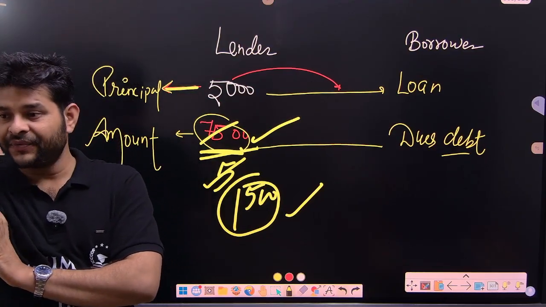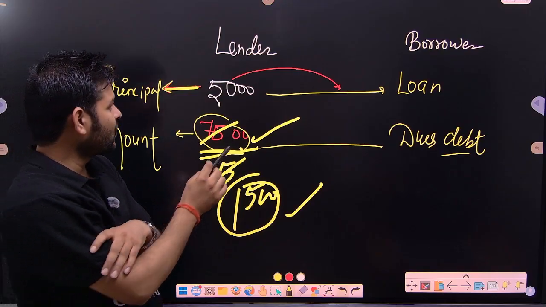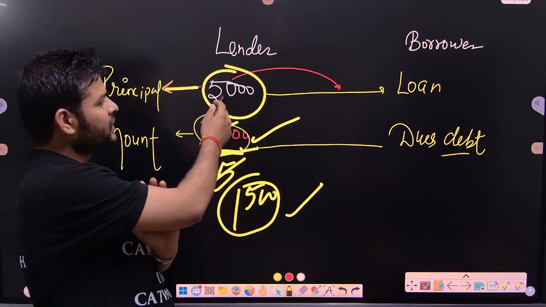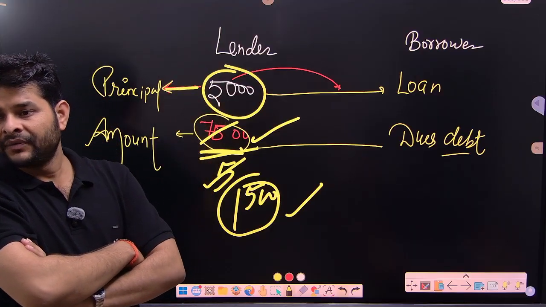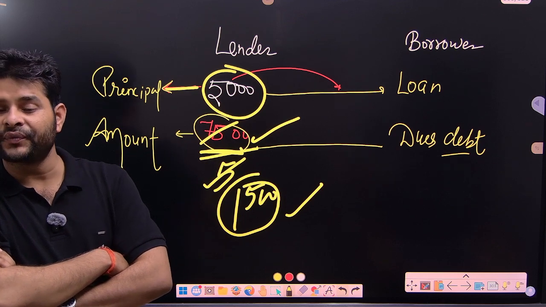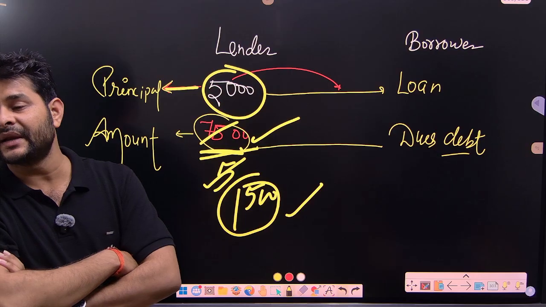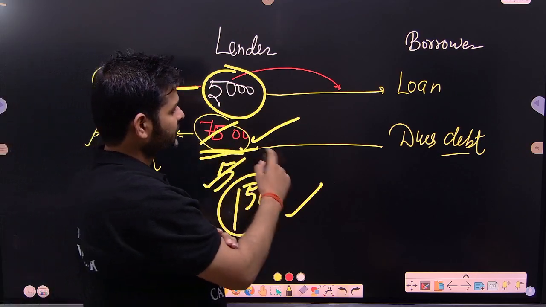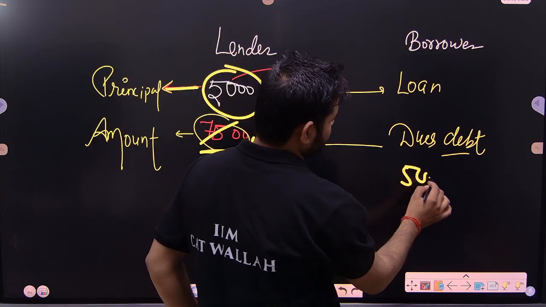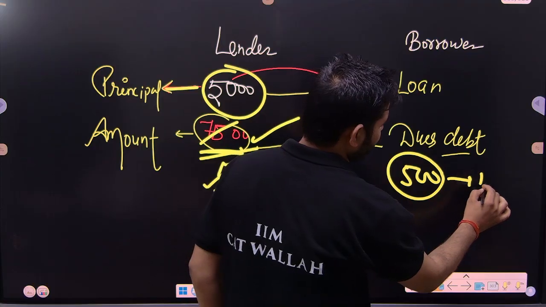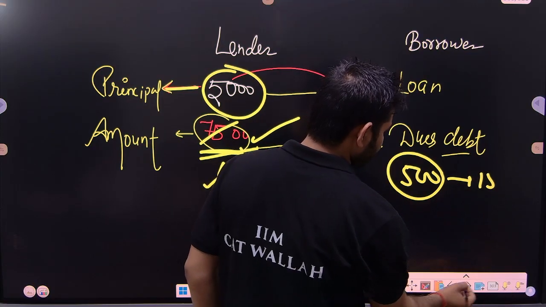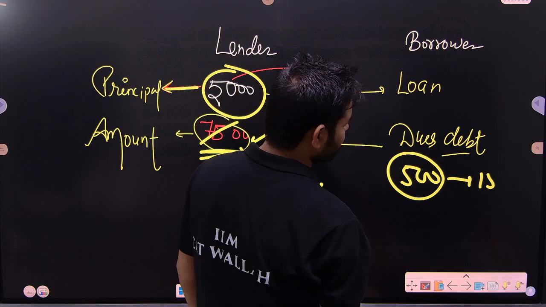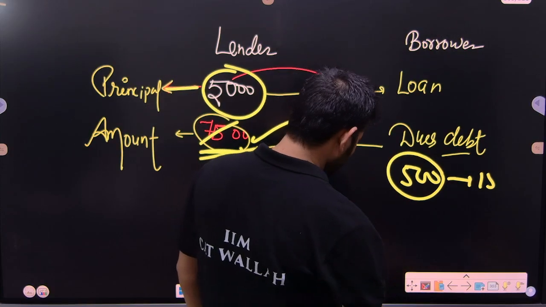But on the very first year, I will charge only on 5,000. So 5,000 for first year, rate of interest 10%, the interest would be 500. So I need to pay now 5,000 and 500, 5,500.